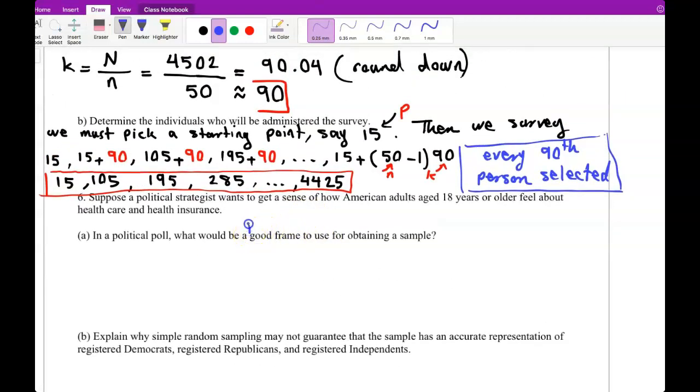What this means, a good frame to use for obtaining a sample, is find the population.